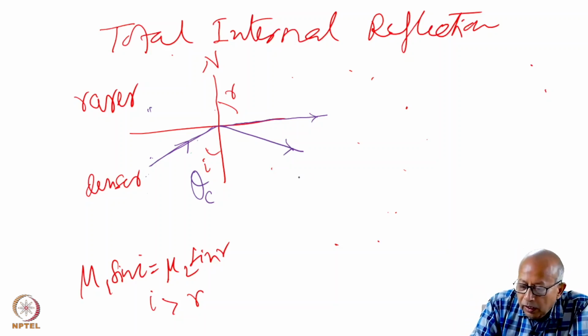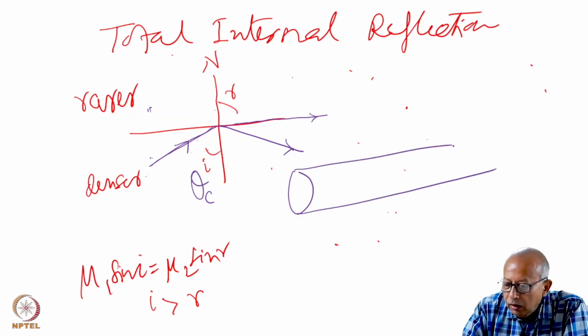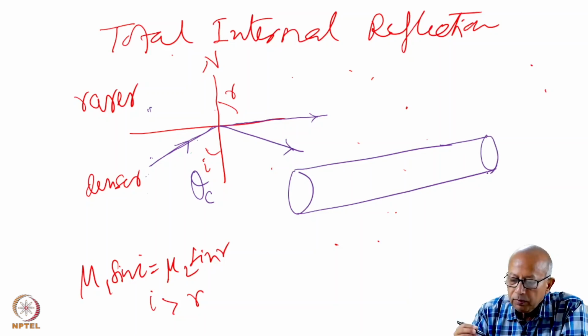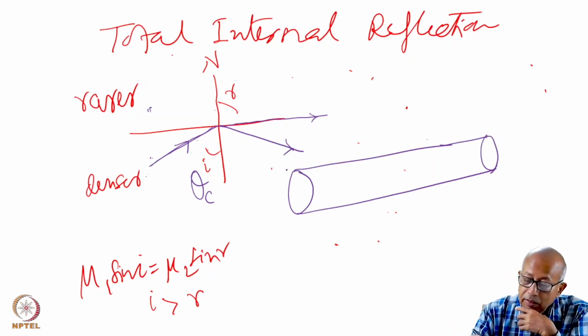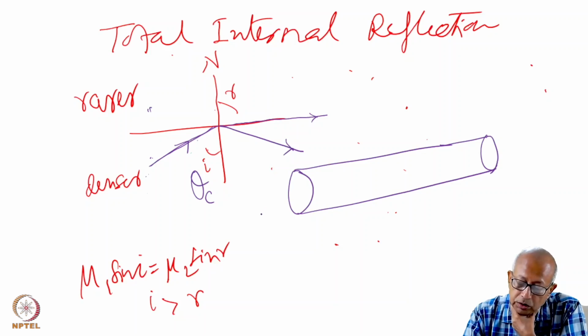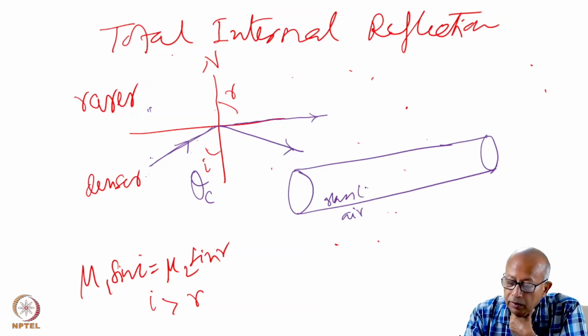So what you basically have to say, optical fiber is a thin glass tube, flexible of course, some kind of glass. You launch your, now this is glass and this is air. Now glass is denser and air is rarer.